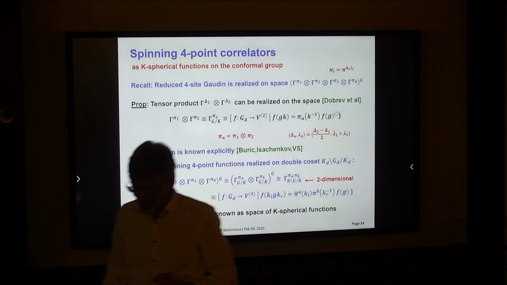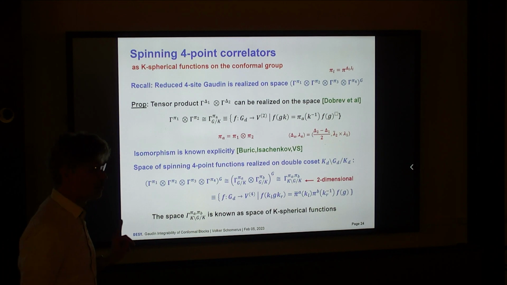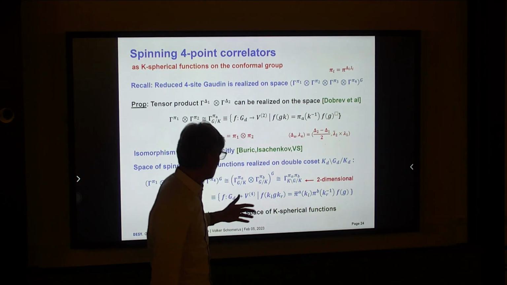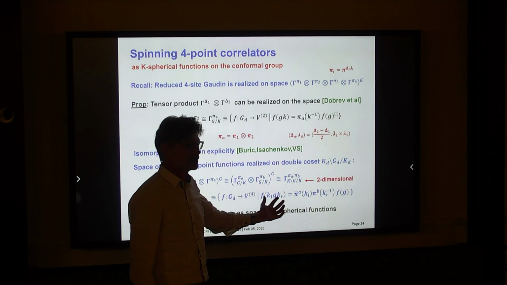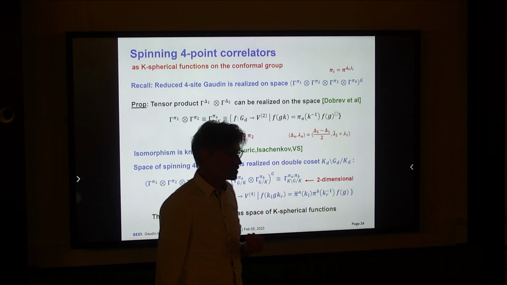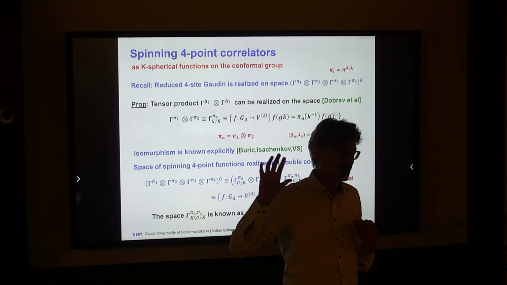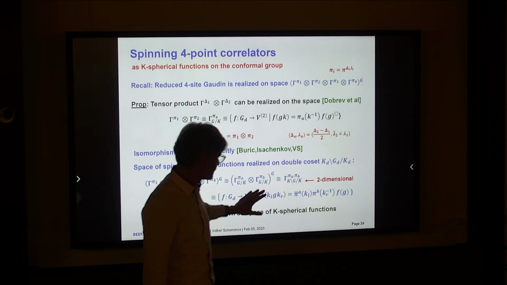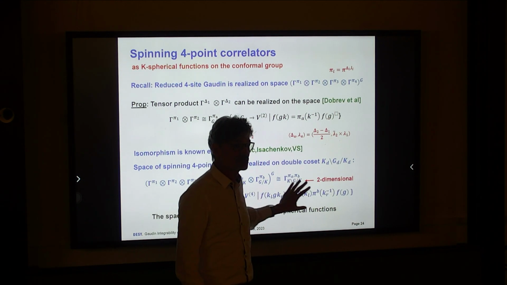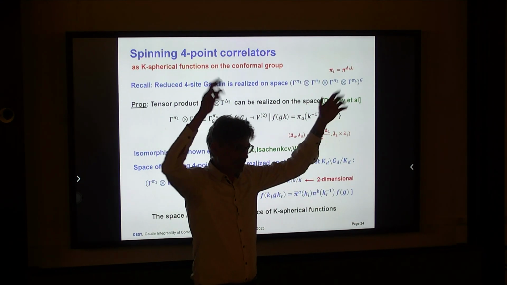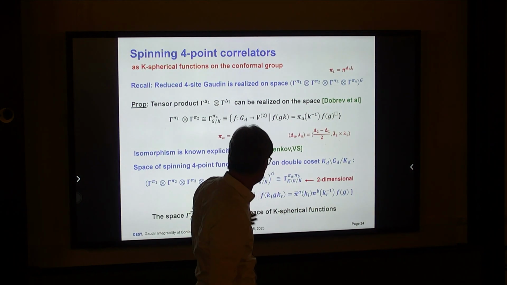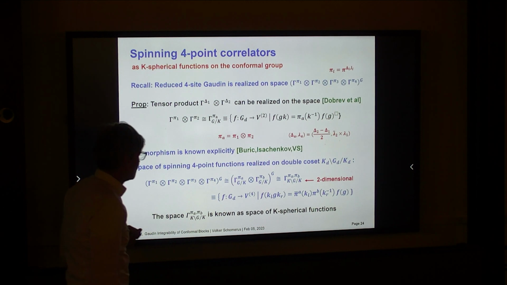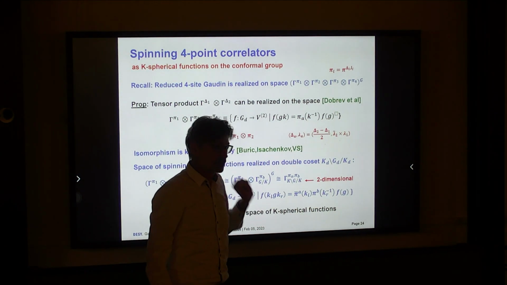So the upshot is that you can think of these conformal blocks for 4 points always as K-spherical functions. These are functions which have covariance properties with respect to both left and right transformations under dilations and rotations. When you fix your spins and dimensions, you fix these left and right representations, and so you get vector valued functions, in some finite dimensional space determined by the spins, with certain covariance properties.